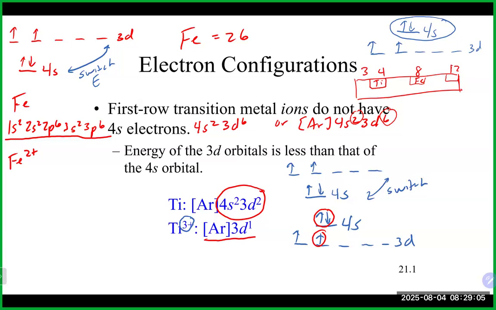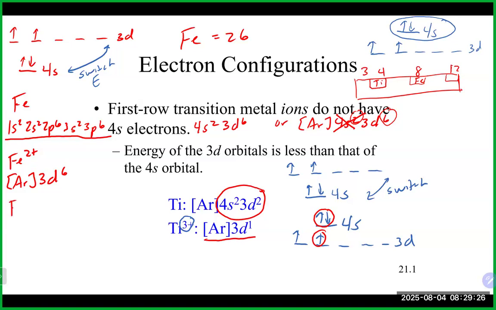So once again, always with the transition metals, we are going to lose those 2 s electrons first. And the configuration here would be argon 3d6. So iron with the +2 charge has 6 d electrons available to it.